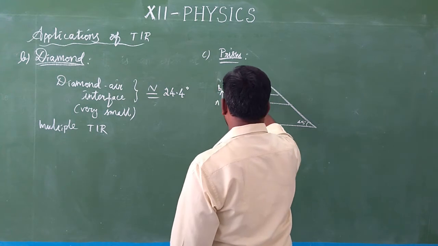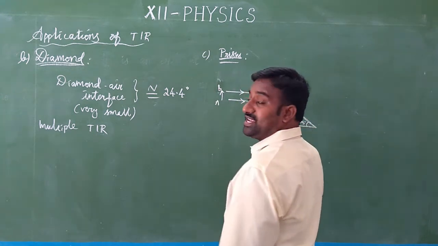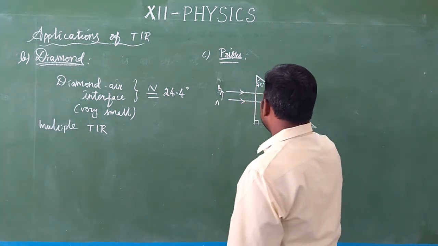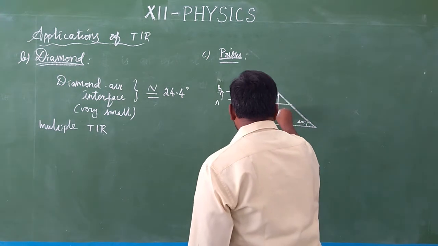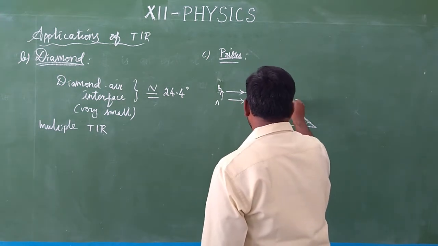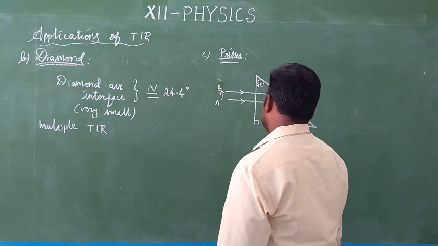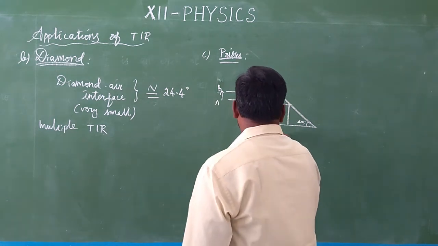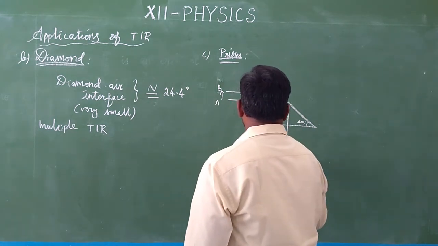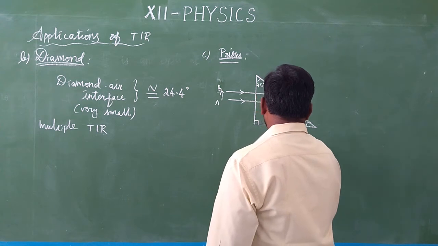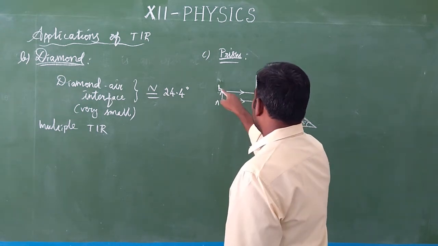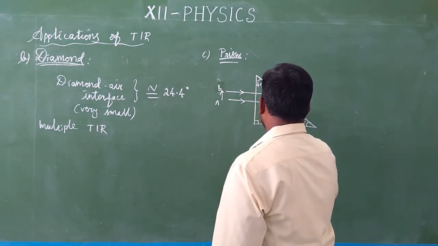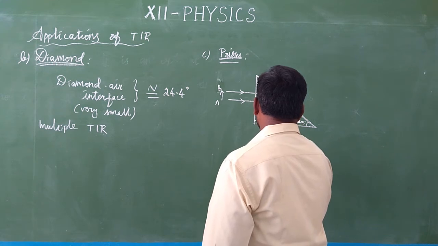From the object, the light rays are incident parallelly on the prism. Then at the surface, after the refraction, it gets internally reflected. Then again it comes out from the prism. Here, this corresponds to A, so that is A dash, and this is B, so it corresponds to B dash.